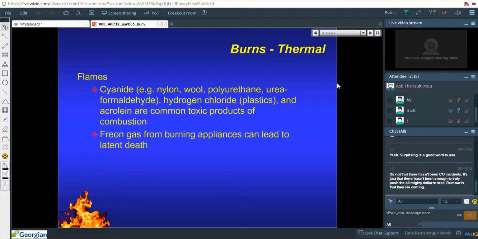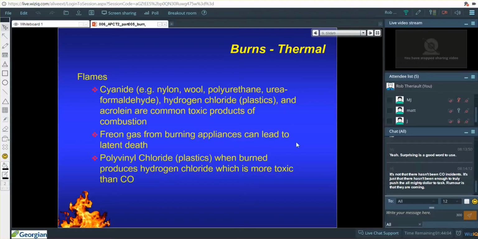Freon gas, you rarely, if ever, see freon gas, and I'm not even sure why I mentioned it in these slides anymore, but freon gas existed in old refrigerators. And I guess if you go to a house with an older couple, they may have an old beer fridge or something that has freon in it, and freon was destroying the ozone layer, and it's the one time when the entire planet came together to recognize the scientific consensus that freon was a problem with the ozone, and we eliminated all freon using refrigerators and other devices that use freon, including air conditioning and car air conditioning systems.